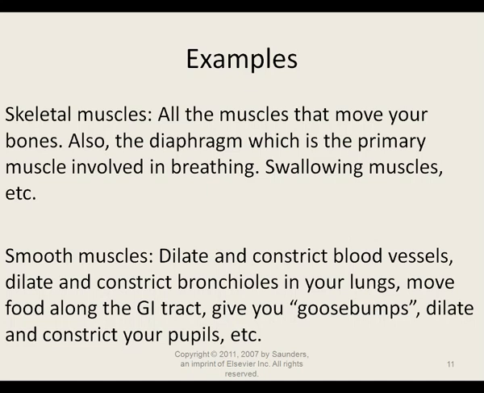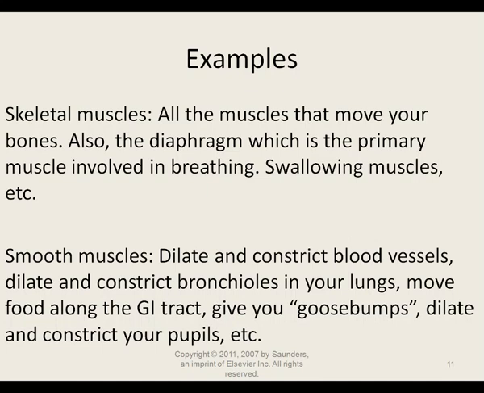It is involuntary smooth muscle that is contracting and relaxing to cause the movement. The bronchioles in your lungs: in people who have asthma, the bronchial tubes tighten up, and what is actually happening is that the smooth muscle in the bronchioles is contracting to cause that to happen.